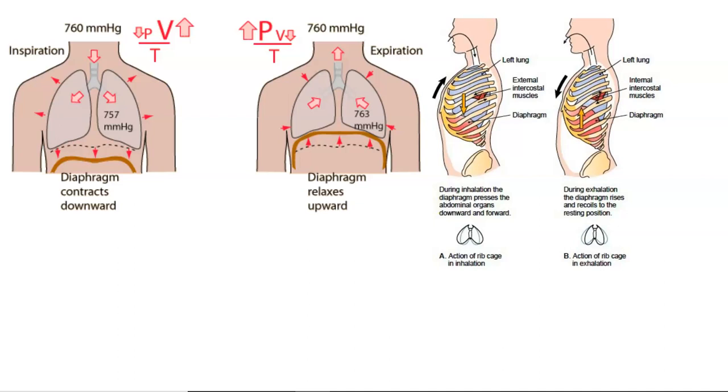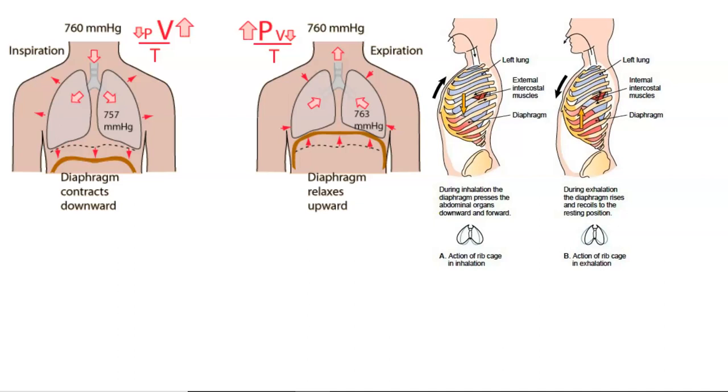All of this is accomplished through muscles expanding and contracting. Your ribs are surrounded by what we call intercostal muscles. You have external and internal ones, and they are going to contract and relax differently. When you inhale, the external or outside intercostal muscles contract, which moves your rib cage up and out.